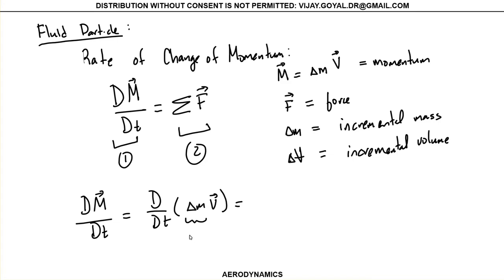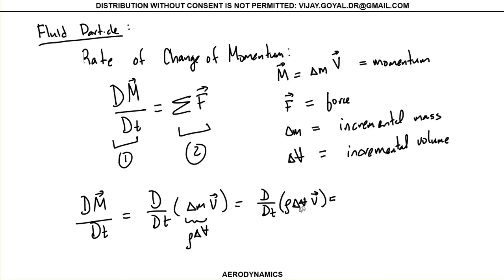And delta m is nothing else than rho times delta volume, a change in the volume. So I could express this whole thing as D/Dt of rho delta V times velocity.